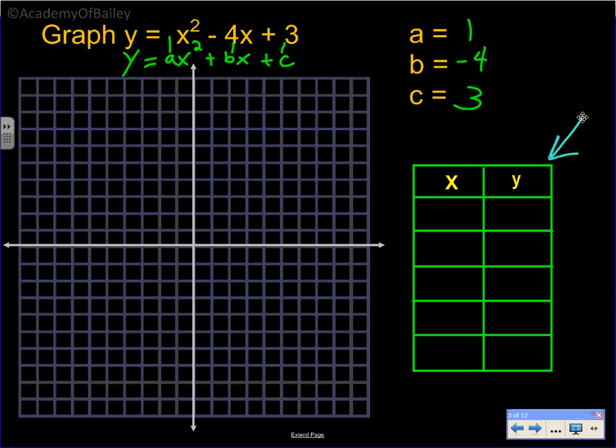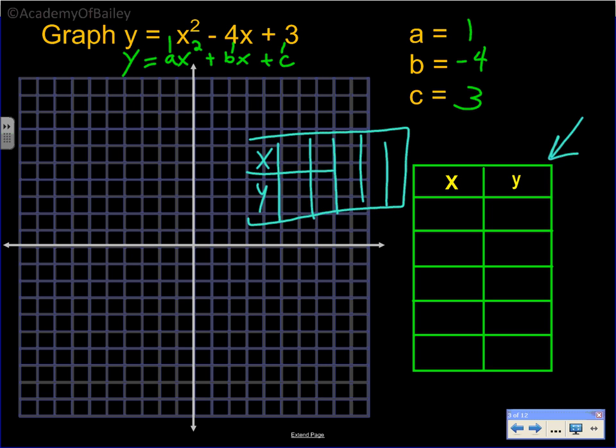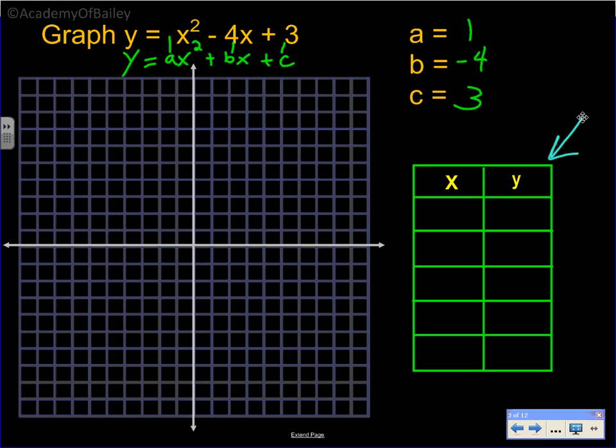Your table can either look like that, or it can look like x and y, where you put your 5 ordered pairs like this. Either one's fine. I think for the examples that we work with today, they all are vertical tables like I have on this one. So we have a table created.